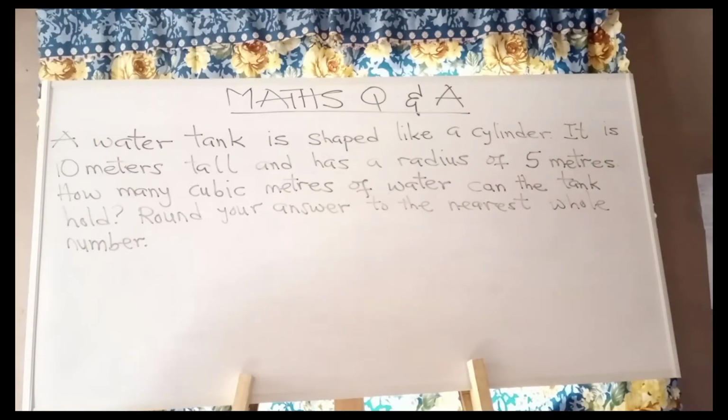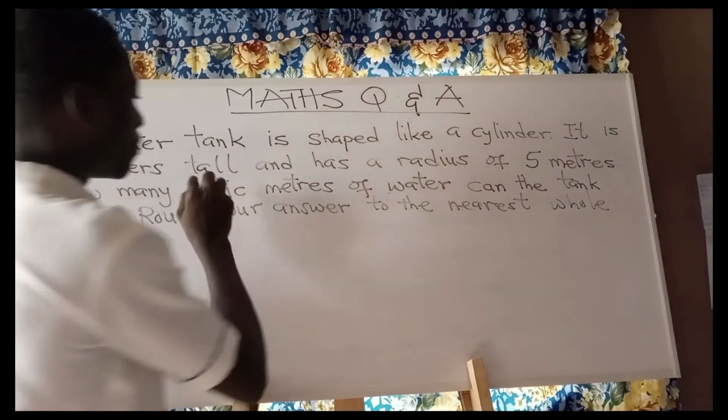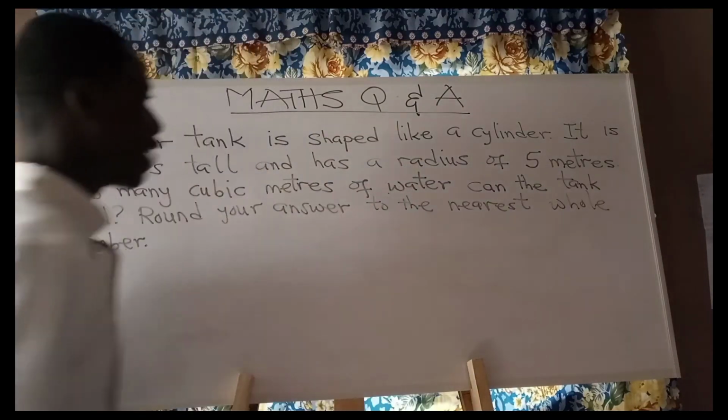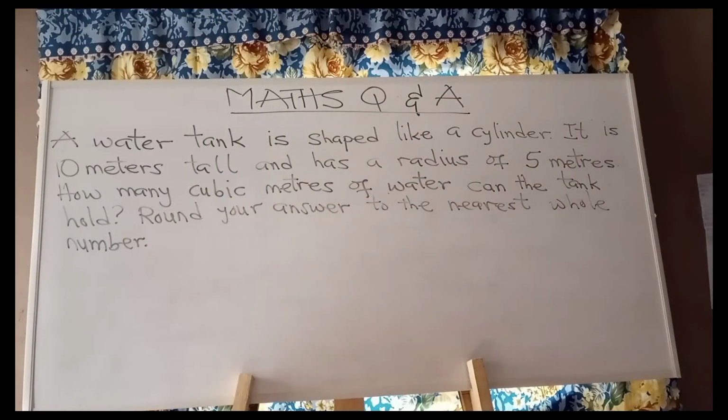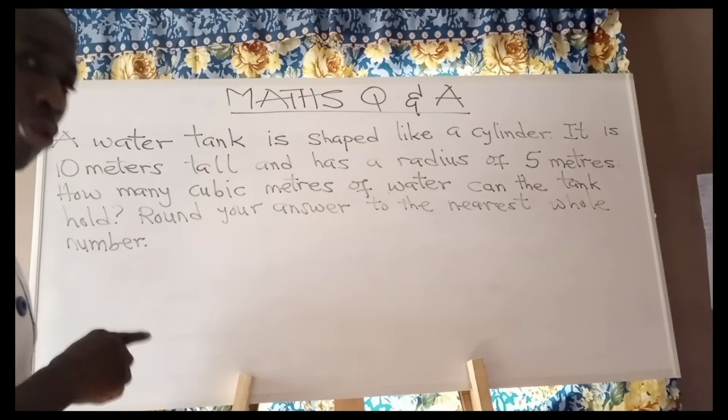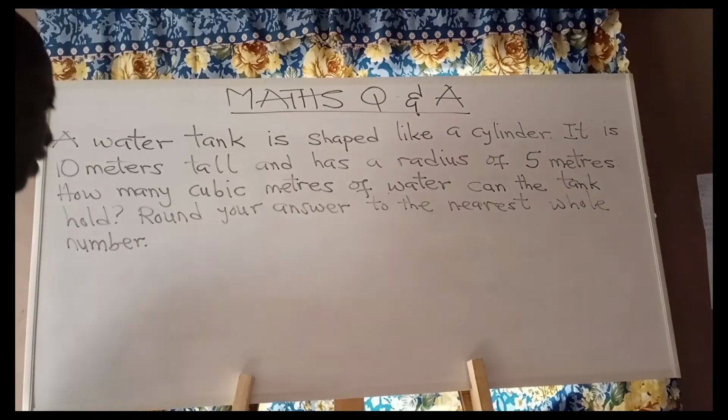Okay, so 10 meters as being tall, that is the height, for which the radius is 5 meters, and then you are being asked to find the volume. So first, draw the figure. Let's draw a cylinder.